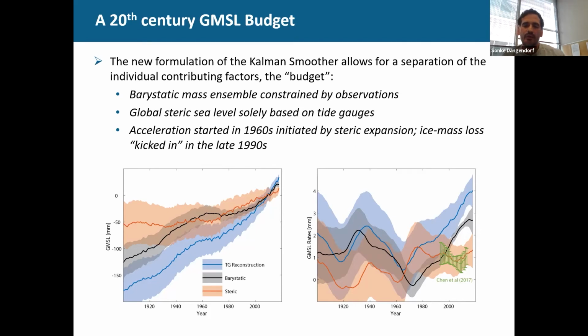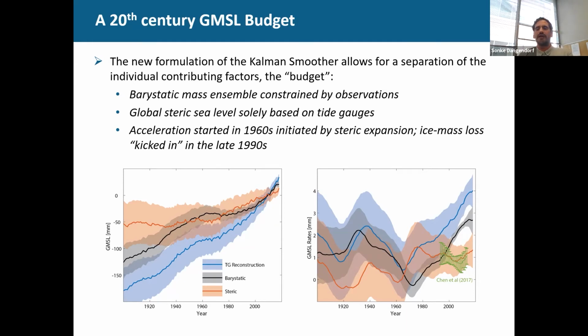If we look at the two different components, steric expansion and barystatic sea level changes, we see that the steric component actually initiated that acceleration in the 1960s. But the barystatic mass changes, primarily due to the additional contributions from Greenland and Antarctica, have started to dominate the budget since the end of the 1990s.